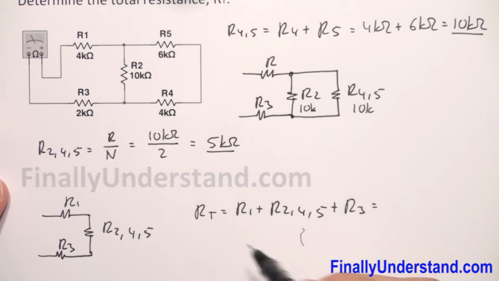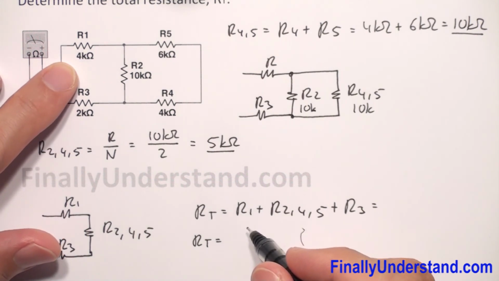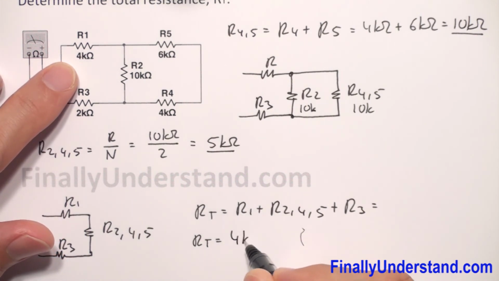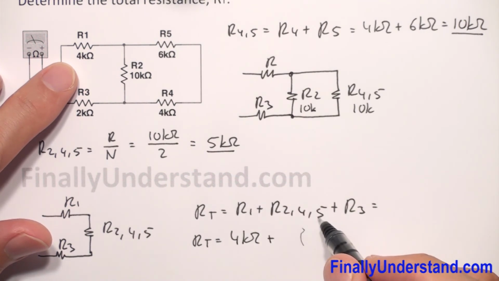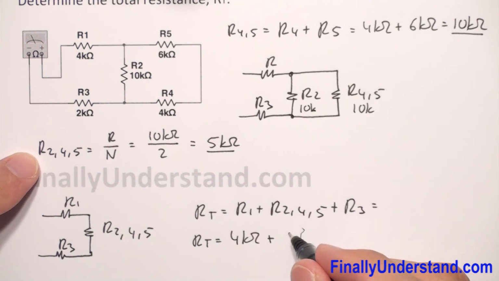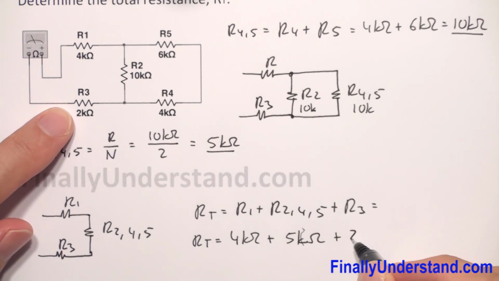okay? So we have RT is equal to R1, which is equal to 4 kilo ohms, plus R245, which is equal to 5 kilo ohms, plus R3, which is equal to 2 kilo ohms.